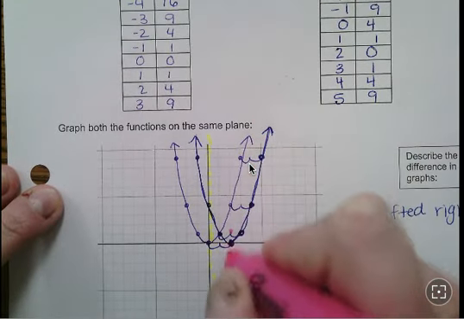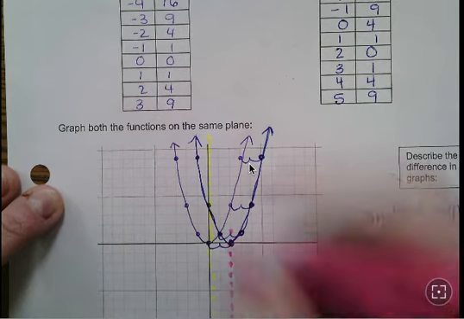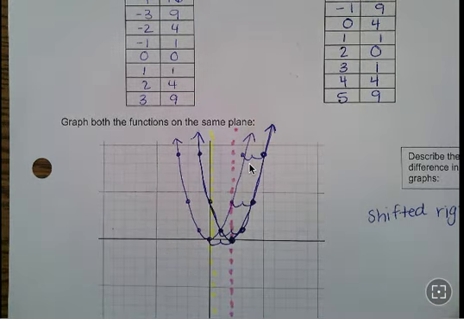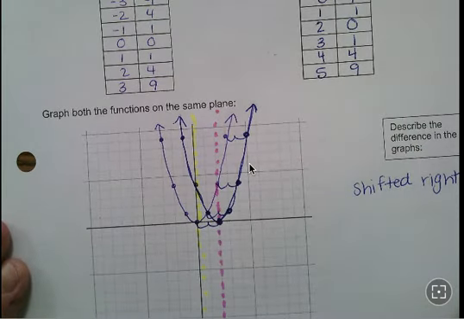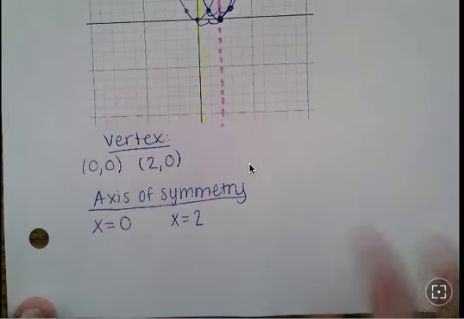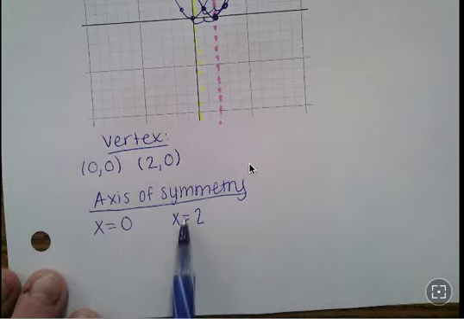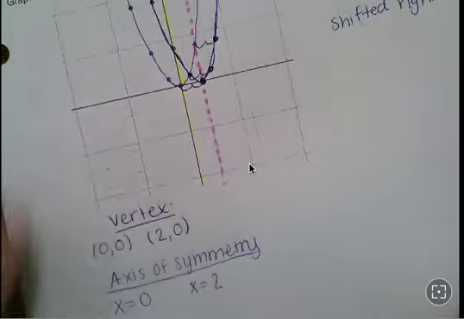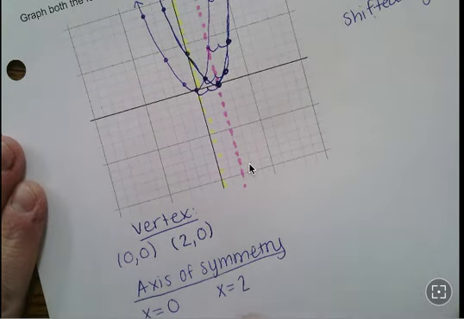So if we draw that like that, okay, the axis of symmetry there would be x is equal to 2, which would make sense if we've shifted to the right 2. If we shift to the right 2, that means our axis of symmetry shifts to the right 2. Okay?